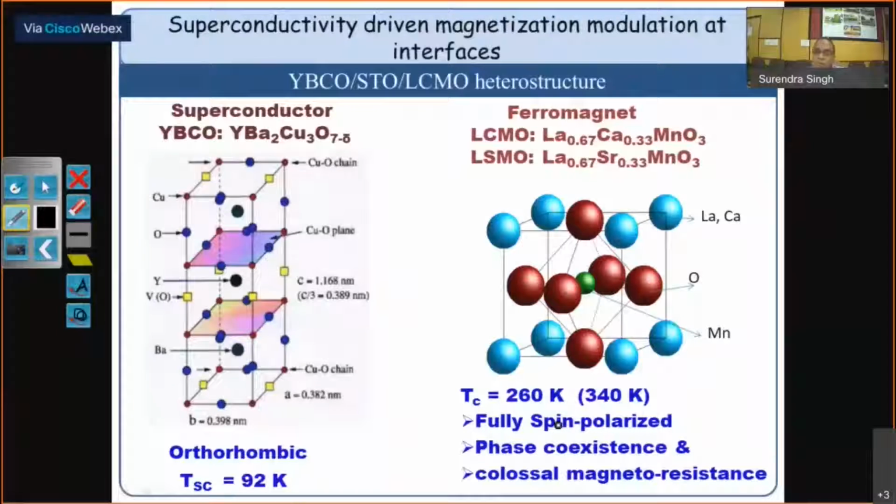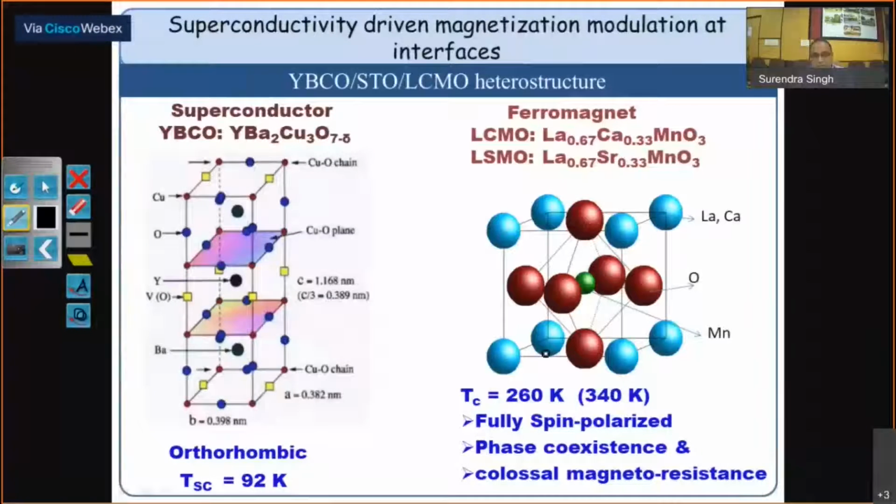It becomes around 300 K, or it can go to 170 or 150 K for LCMO and for LSMO. They are fully spin polarized, and they show phase coexistence and colossal magnetoresistance.